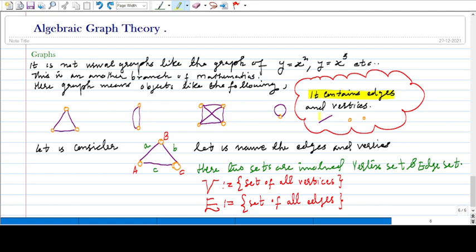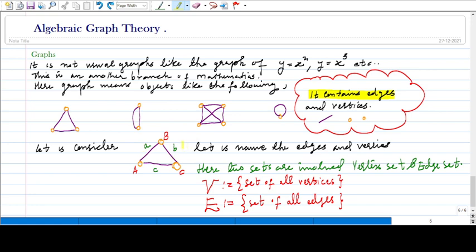So let us consider a basic example, like a triangle. I have given names for the vertices, capital A, capital B, capital C. Also I have given names for the edges, small a, small b, small c.